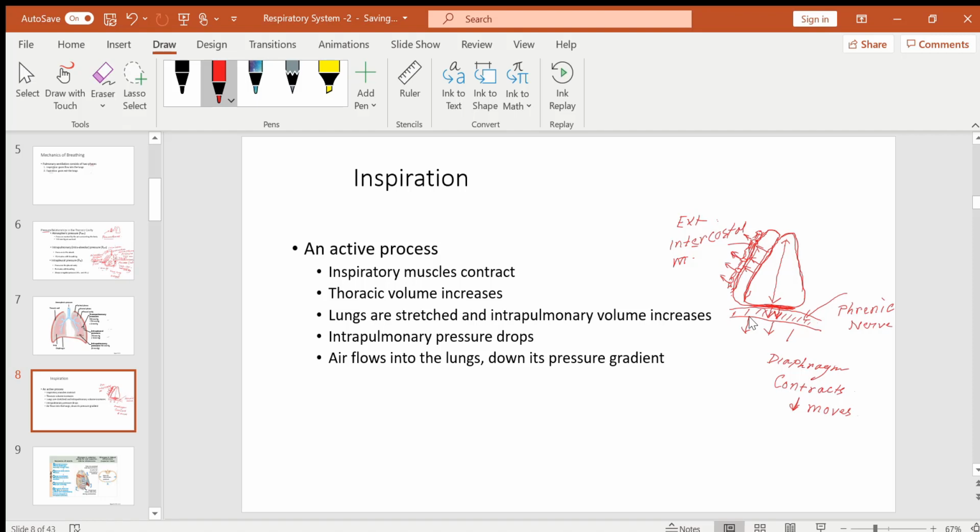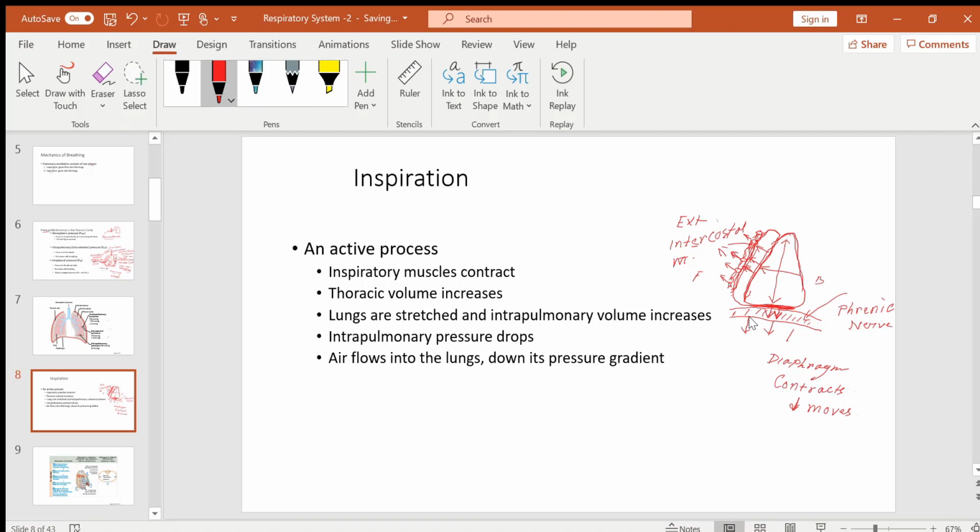So when the chest wall moves that way, it will also pull the lung that way. So the lung will expand horizontally or transversely, anterior posteriorly. So this is the front, anterior, this is the back. So due to the contraction of diaphragm and the external intercostal, the result is the lung will expand.